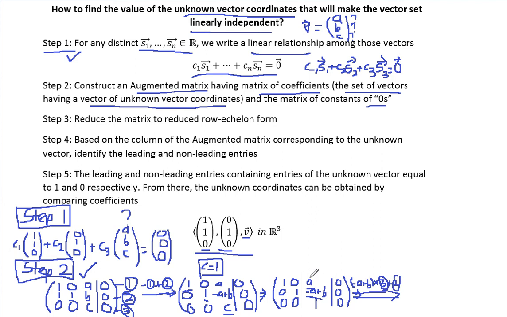And then for this one also, you have to eliminate the a entry here. So it's minus a times row 3 plus row 1.